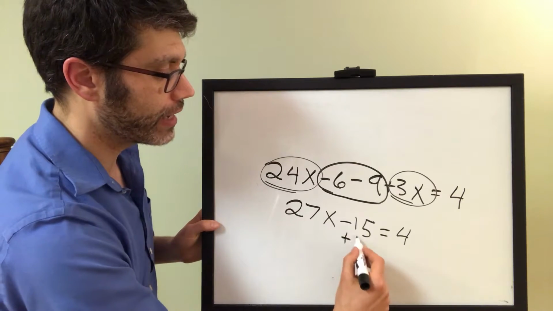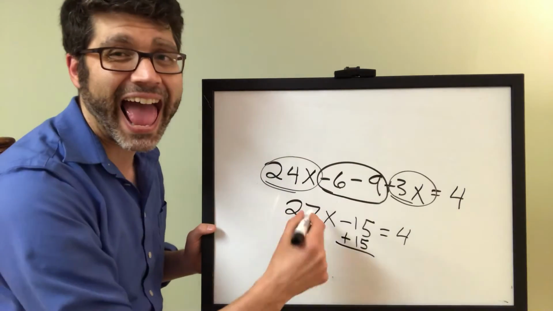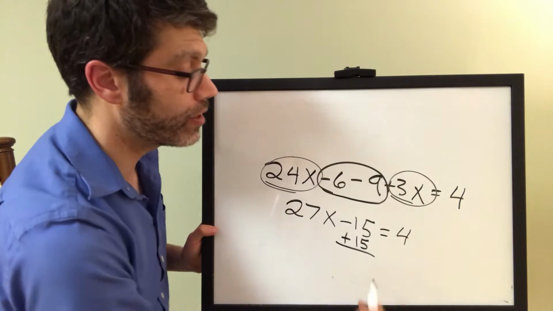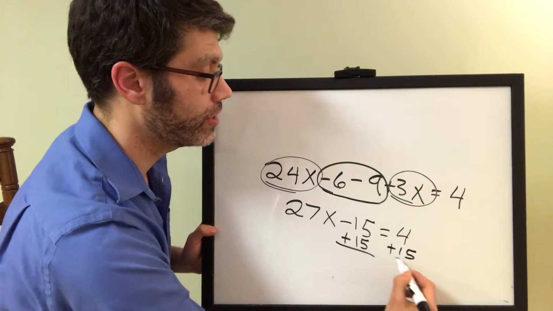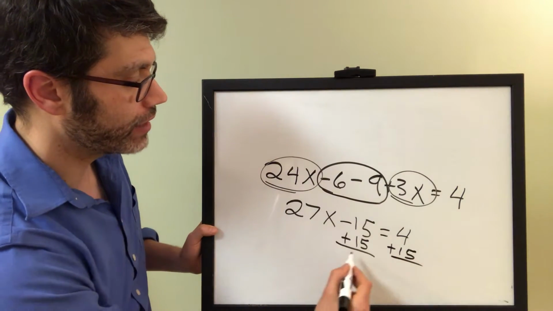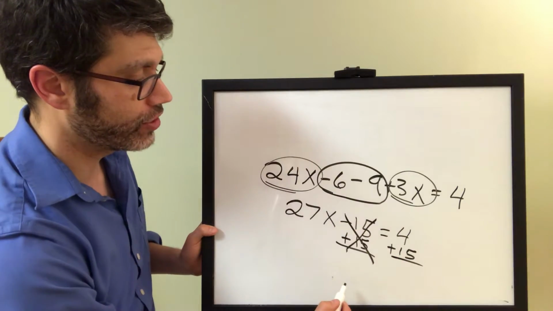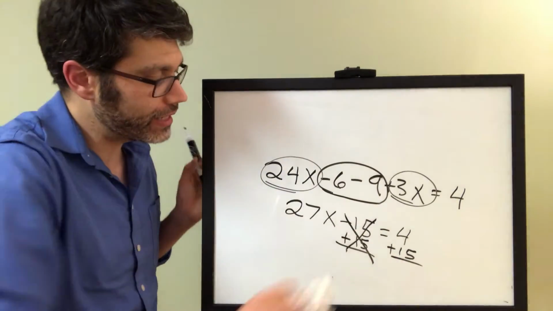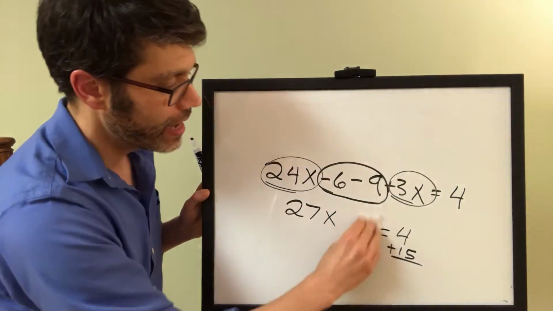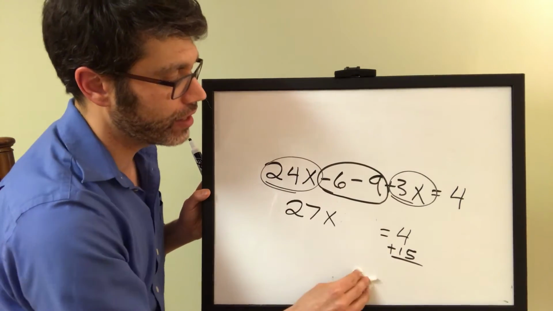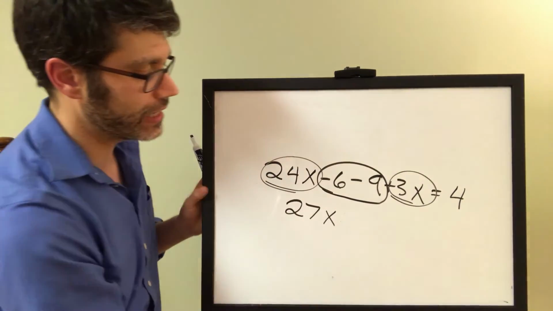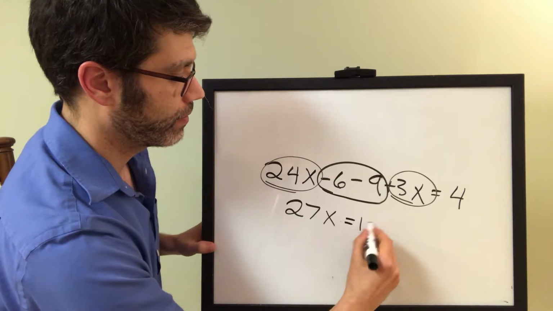So why don't we get rid of this negative 15? So we do its additive inverse, all right? But whatever you do to one side, you have to do to the other side, all right? So then that crosses out to just 0, all right? So we're left with 27x on the left-hand side and 4 plus 15 on the right-hand side. 4 plus 15 is 19, okay?